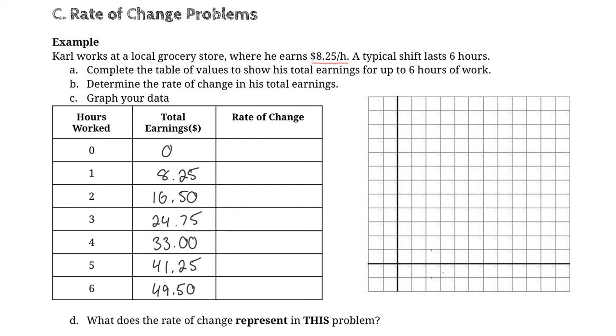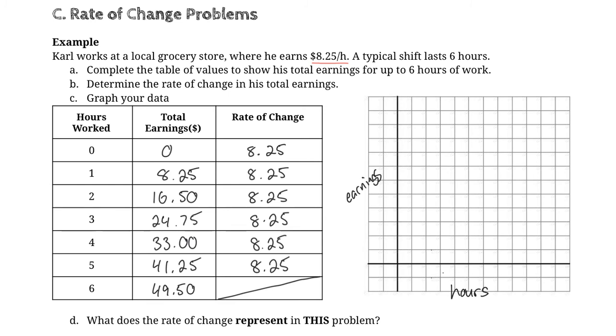So now let's find our rate of change. We know that the number of hours are going up by 1, and our total earnings for every hour are going up by $8.25. So our rate of change here is just $8.25. And if we graph this, the hours worked is going to go on our x-axis, and the earnings is going to go on the y-axis.